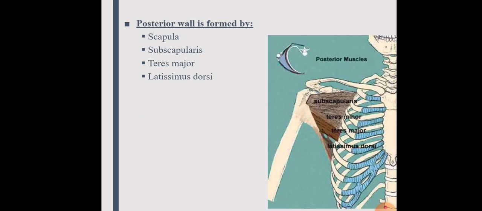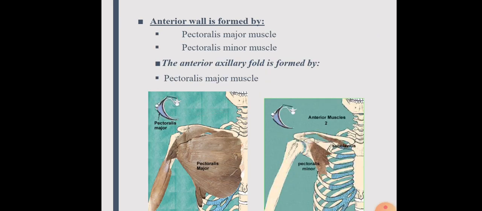Okay, again, the axilla or armpit has the apex, base, medial wall, lateral wall, anterior wall, and posterior wall. The apex here is formed by the cervico-axillary canal.